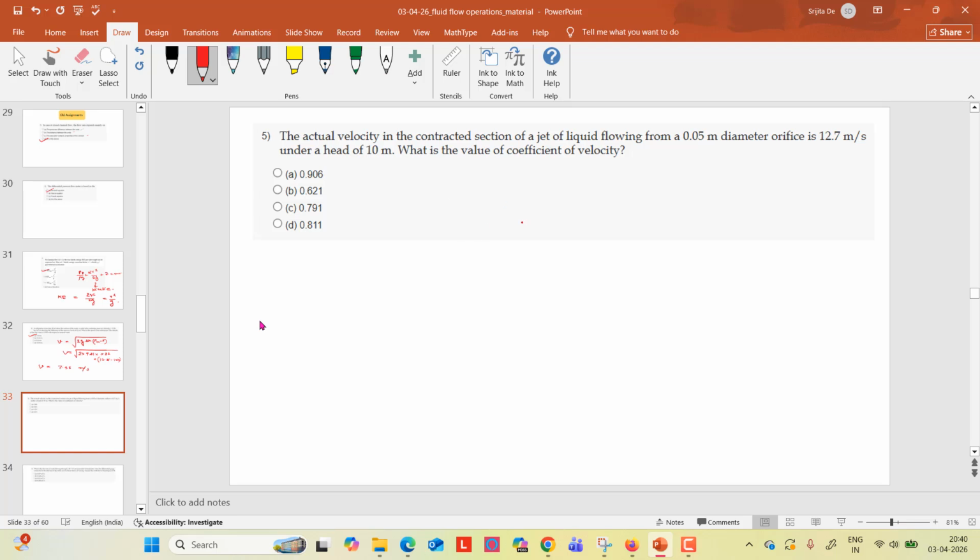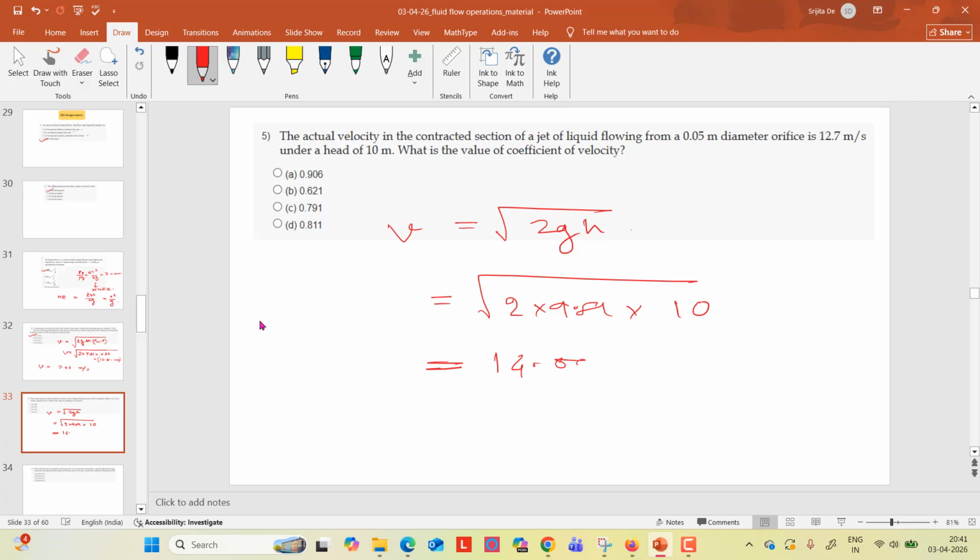So the theoretical velocity is root under 2gh, right? So head is 10. So it is 14.007 meter per second.